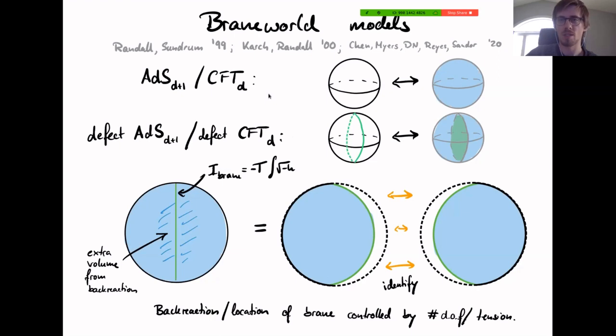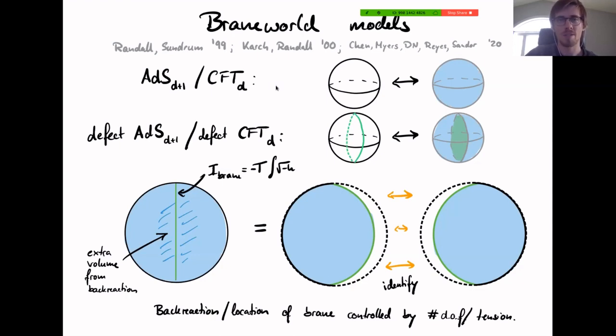But yeah, so I'm going to go along the lines outlined in a few papers we've written. And I'm going to try to explain these higher dimensional braneworld models by appealing to the standard AdS/CFT dictionary and just going along in parallel.